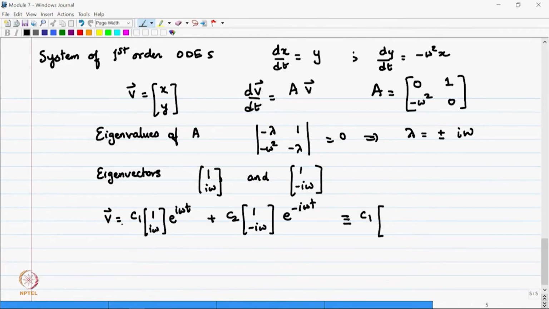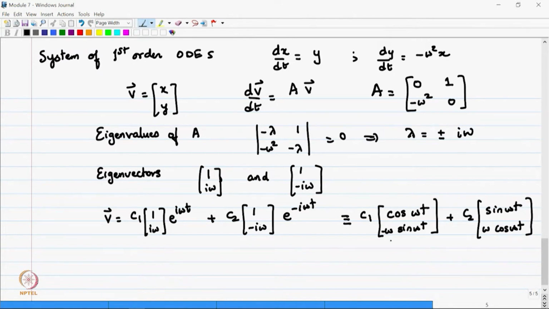Okay, these are not exactly the same as this. Okay, so I can write it as cos omega t, omega sin omega t. Okay, let me put a minus sign here, plus C2 sin omega t and omega cos omega t. So, these are the two, I can absorb all these and write this in this form.